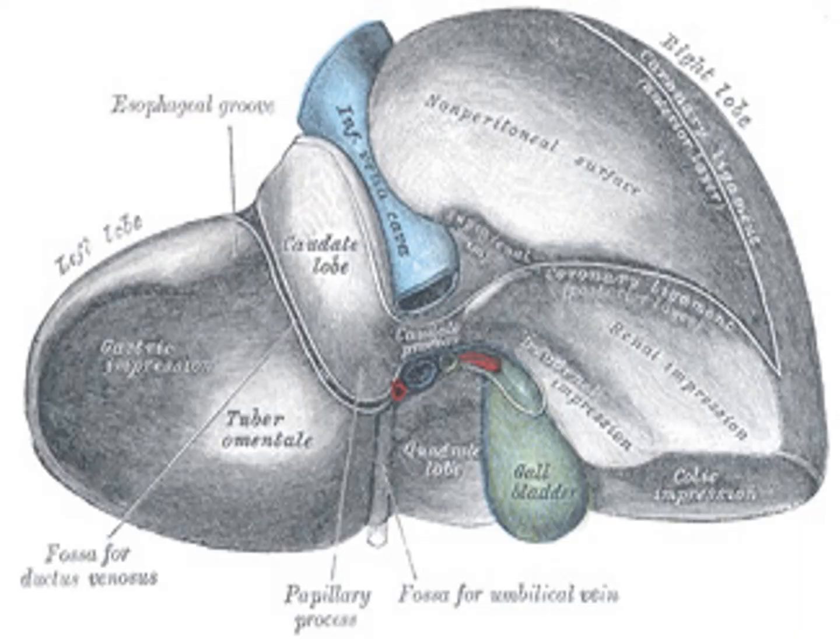In the previous figure, we can see the fissure for ligamentum venosum, that is deep, and it extends in front of the caudate lobe. It contains 2 layers of the lesser omentum. The ligamentum venosum lies on its floor.